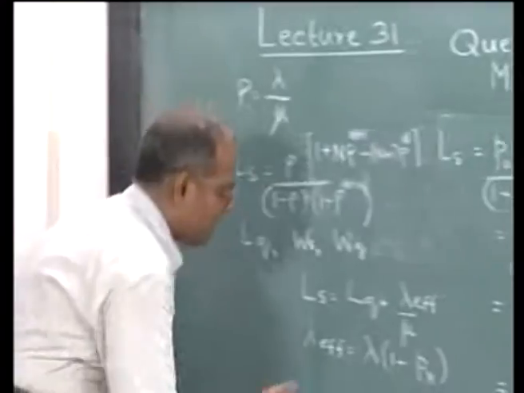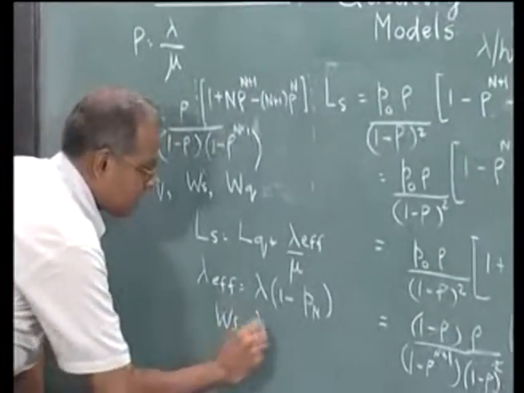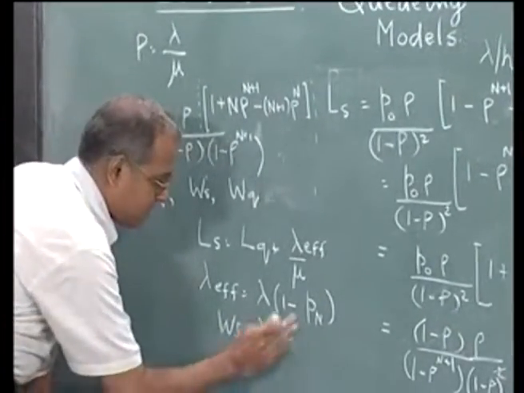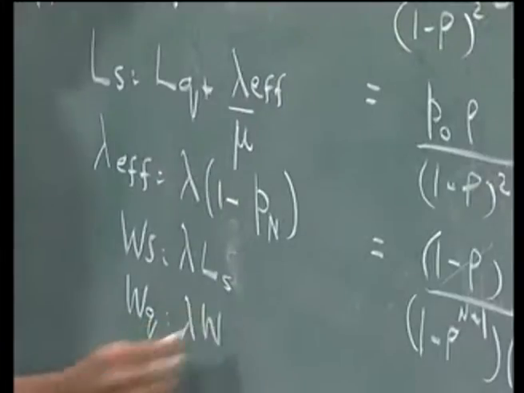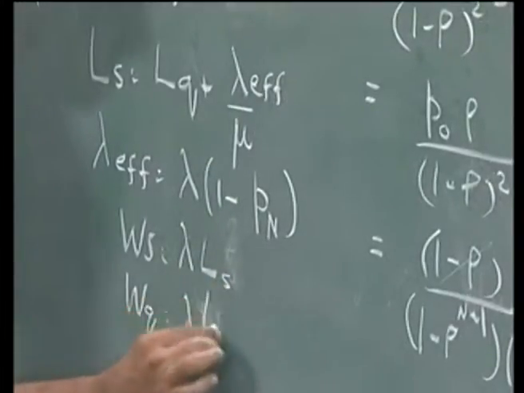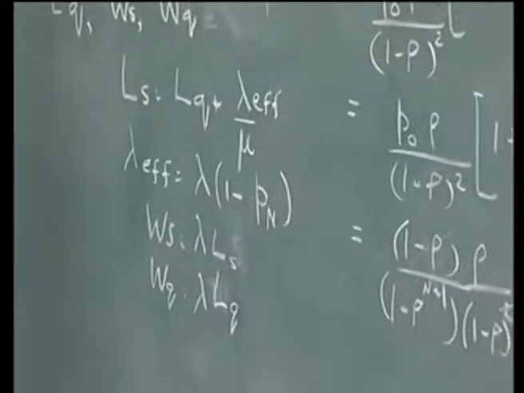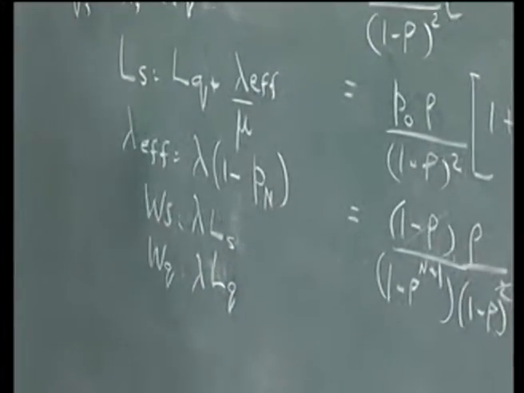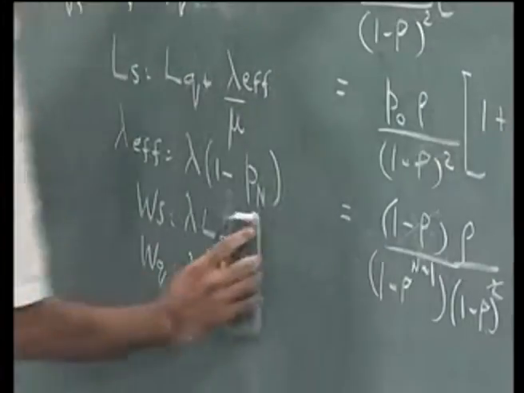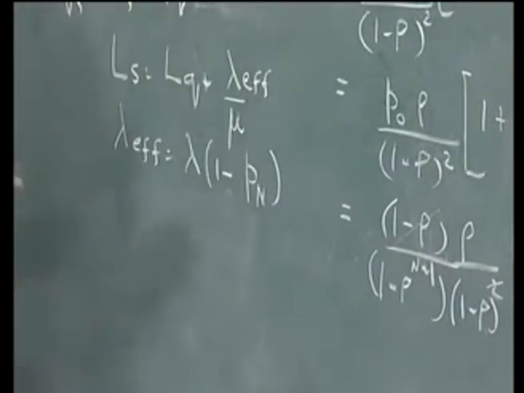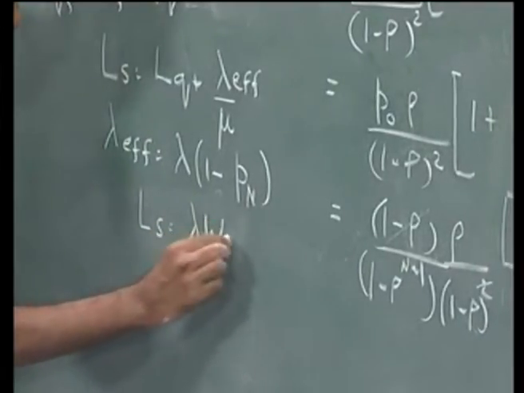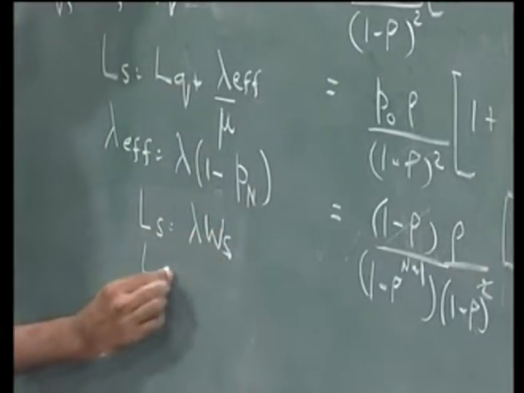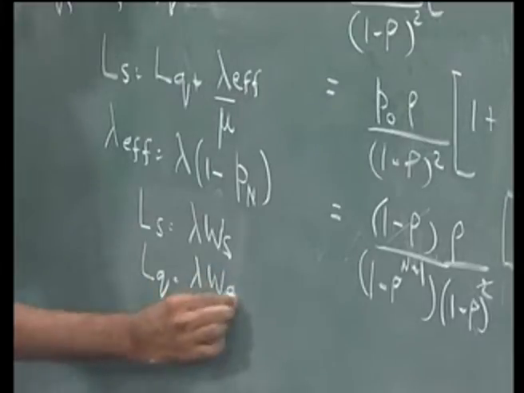Then we have the usual relationships. I am sorry, other way: Ls is equal to lambda Ws, and Lq is equal to lambda Wq.